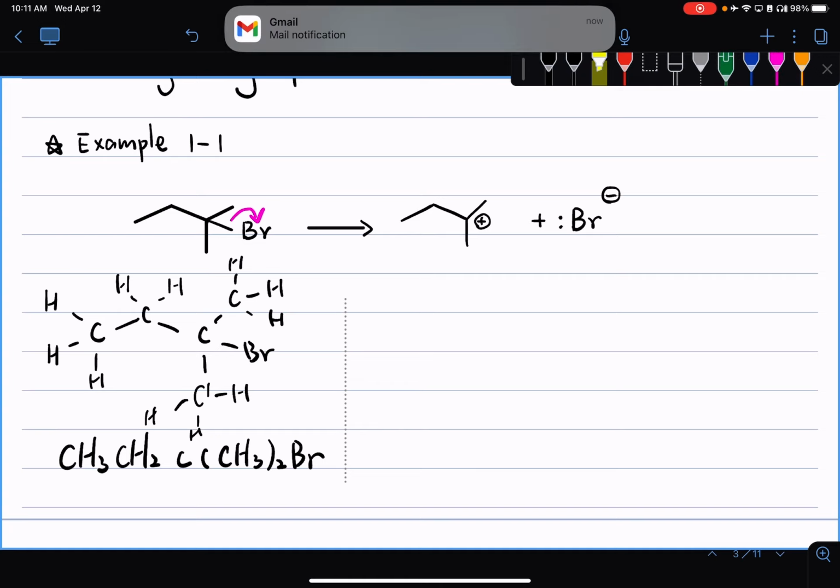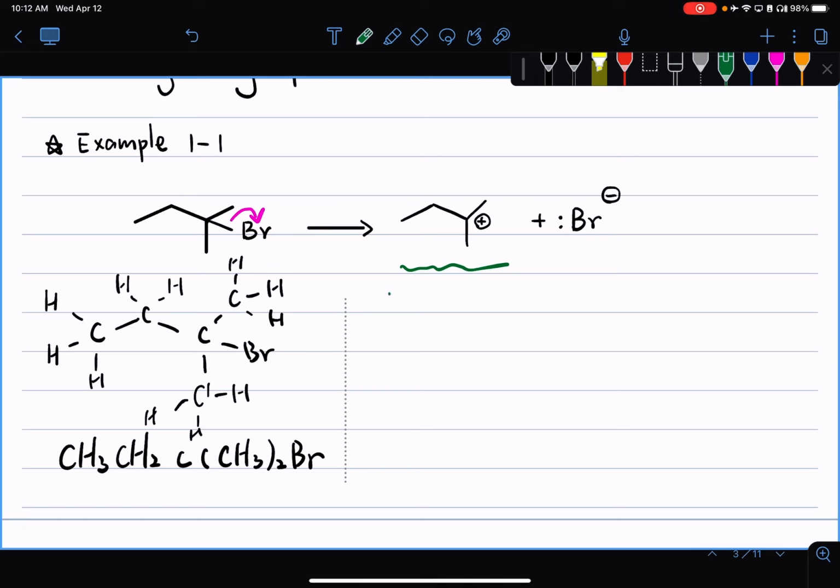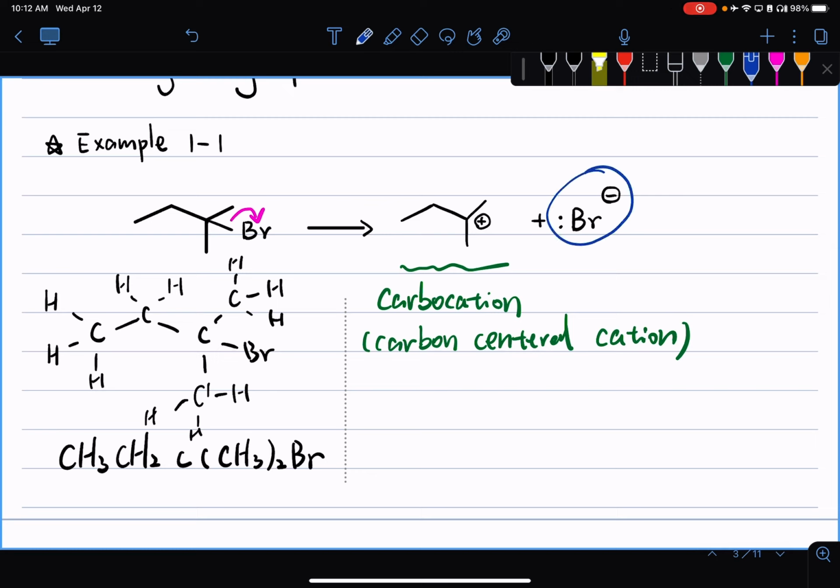The result of this dissociation of the polar covalent bond is the formation of a carbocation, or a carbon-centered cation, and here, the formation of the bromide anion.